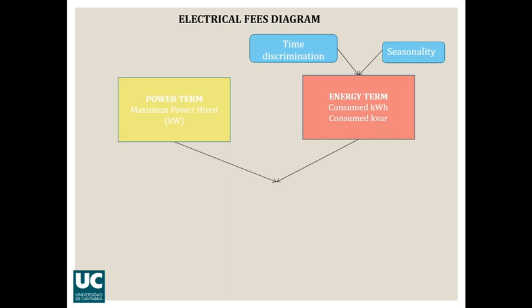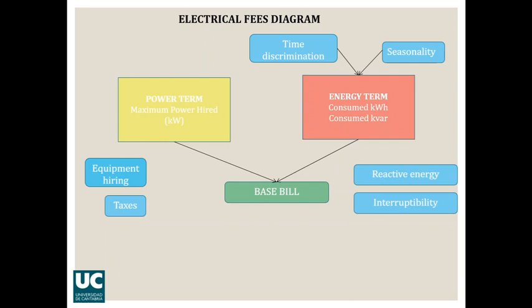Both the power term and the energy term define the base bill that also depends on other aspects such as the equipment hiring. That means that there are some elements of the electrical installation which are property of the electrical company, for example, the consumption counter.